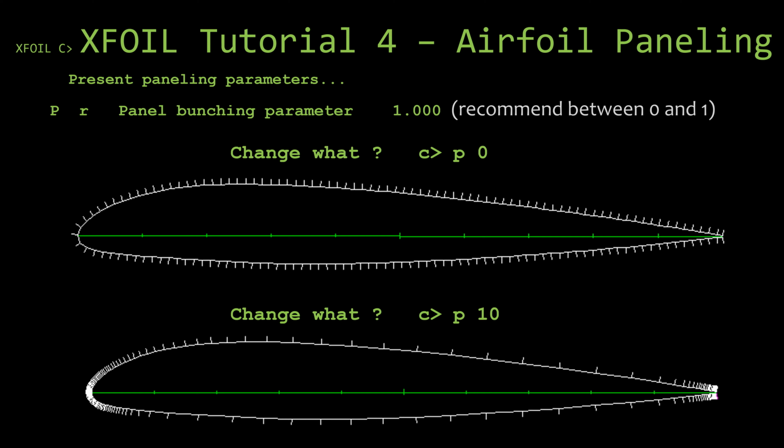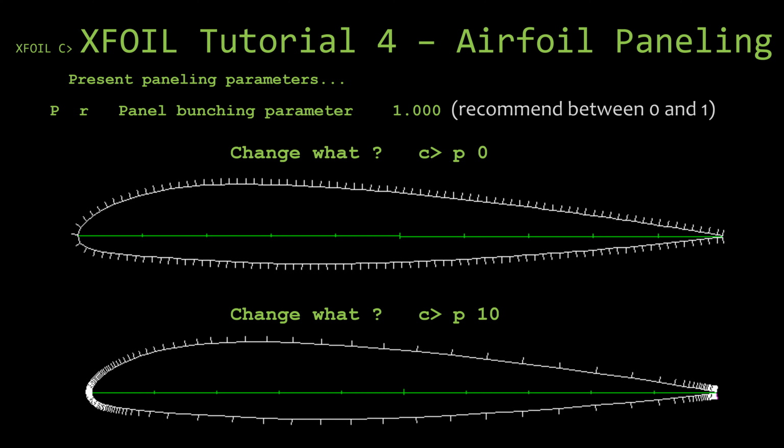So this pretty much falls to the leading edge and the trailing edge. So as you increase the panel bunching parameter, you are essentially telling Xfoil to take more of your panels that you have and place them at the leading edge or the trailing edge, and to not place as many panels on the more flatter parts of the airfoil.